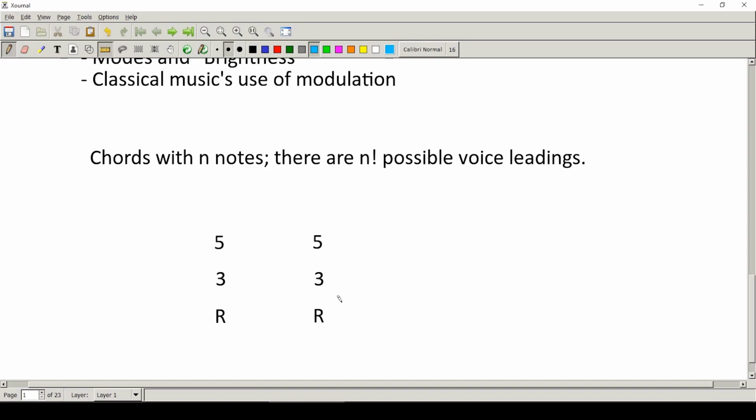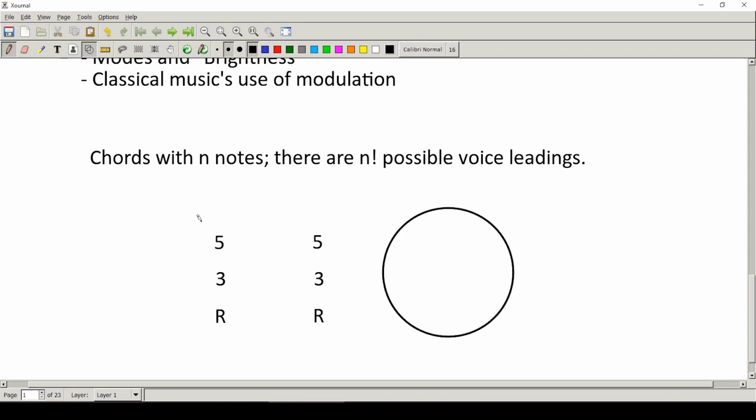Now, the trick for simplifying this, for not having to check all n factorial possibilities, is instead of thinking about these as just stacks of notes, let's reconceptualize how we approach this and imagine this on a circle.